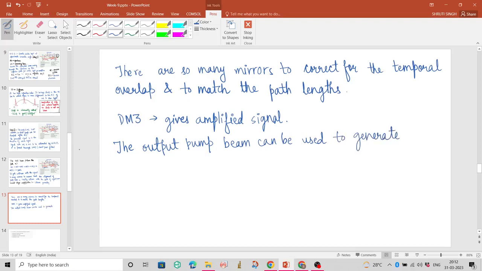So here it can be used to generate second or third harmonics.